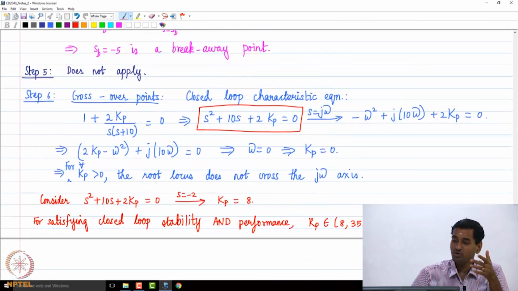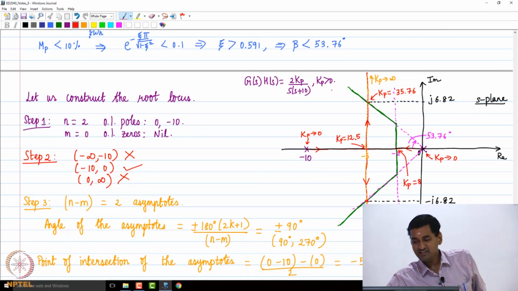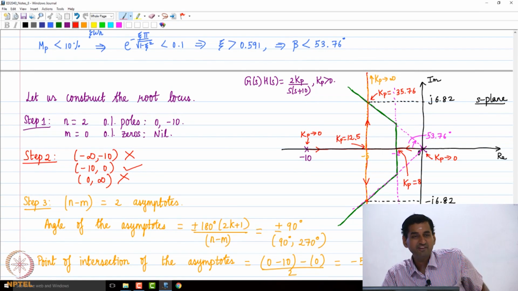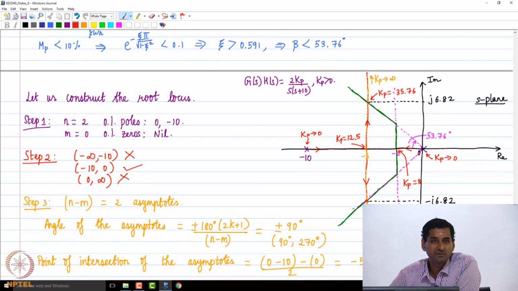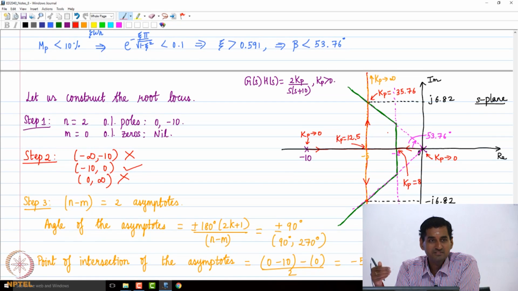And even if I go back to the root locus and look at this, in fact I would design for some Kp between 12.5 and 35.76, because by and large we would want our closed loop control systems to be slightly underdamped, right. So if I want to satisfy the performance specifications and closed loop stability and still design an underdamped second order system, I would choose Kp between 12.5 and 35.76.